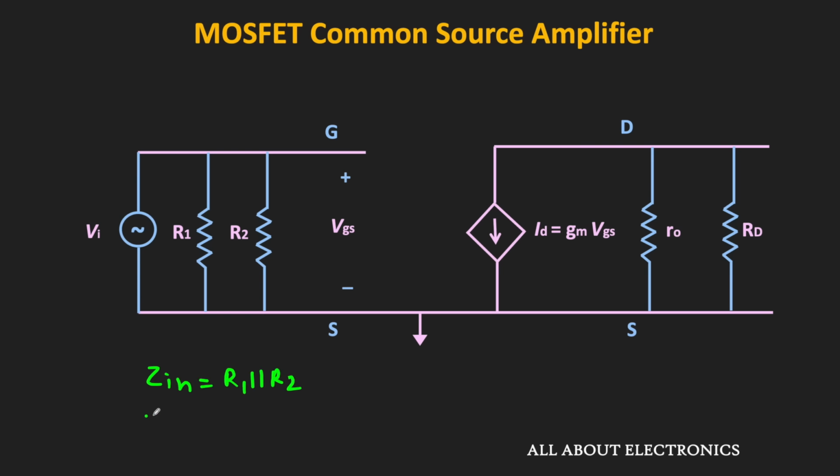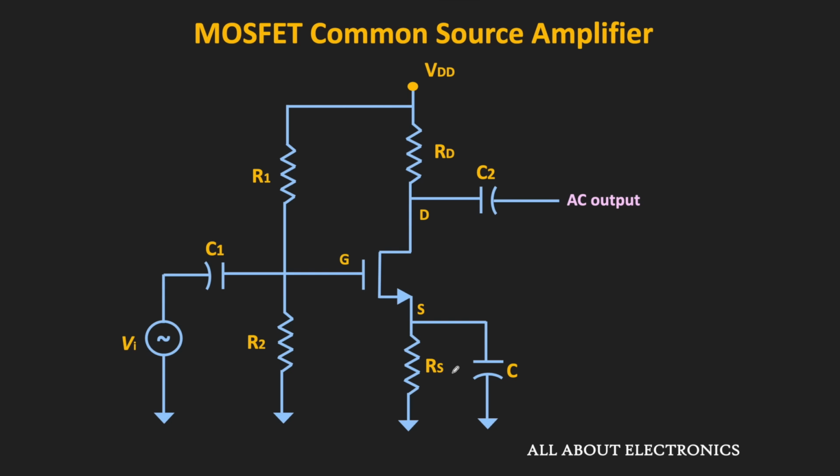But now, the output impedance is the parallel combination of RO and RD. That means the output impedance is equal to RO parallel RD. And similarly, the voltage gain AV is equal to minus Gm times RD parallel RO. So considering the finite output resistance of the MOSFET, these are the expressions of the output impedance and the voltage gain of this amplifier.